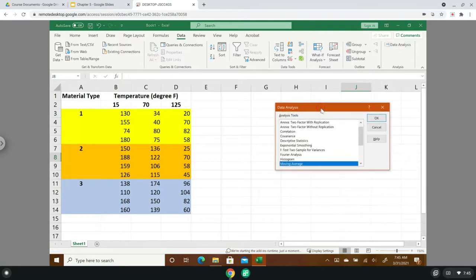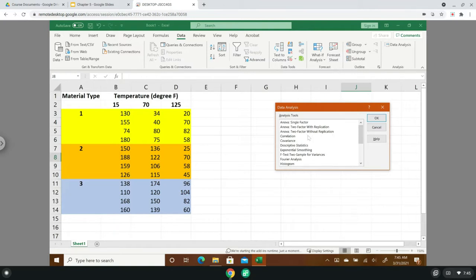Okay, and here we have different statistical analyses or statistical tests that we can choose from. We have two factors, so I'm going to choose ANOVA two factor, but we have two options: ANOVA two factor with replication and ANOVA two factor without replication. So which one should we choose?